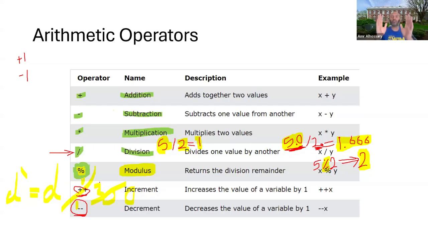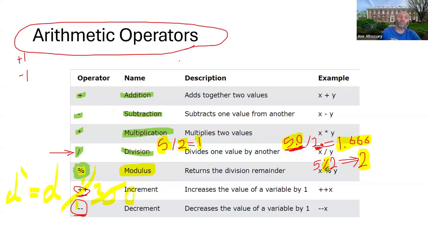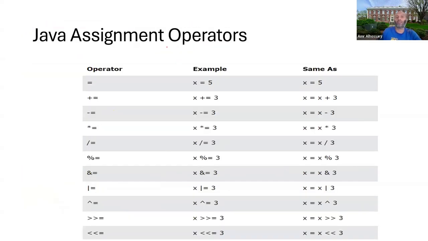So you know something in depth, and you see the whole picture, so you can apply it on other domains. This was the arithmetic operators. Let's go to the next operators, the assignment operators.